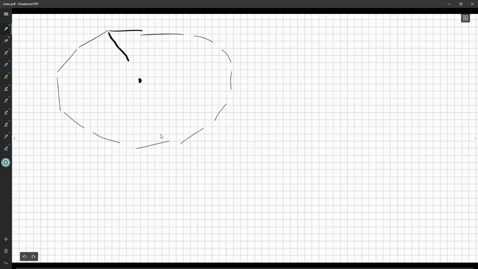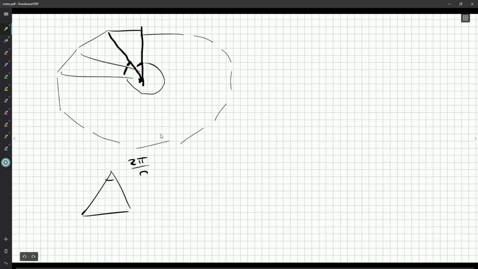If it's regular, taking a little triangular pie slice like this is going to be the same, so it's just going to be 10 copies of this pie slice. How do we figure out the area here? The angle of each pie slice, because the pie slices are congruent, there's going to be 10 of them that go around a circle, so it'll be 2 pi over n, whatever size your n-gon is.